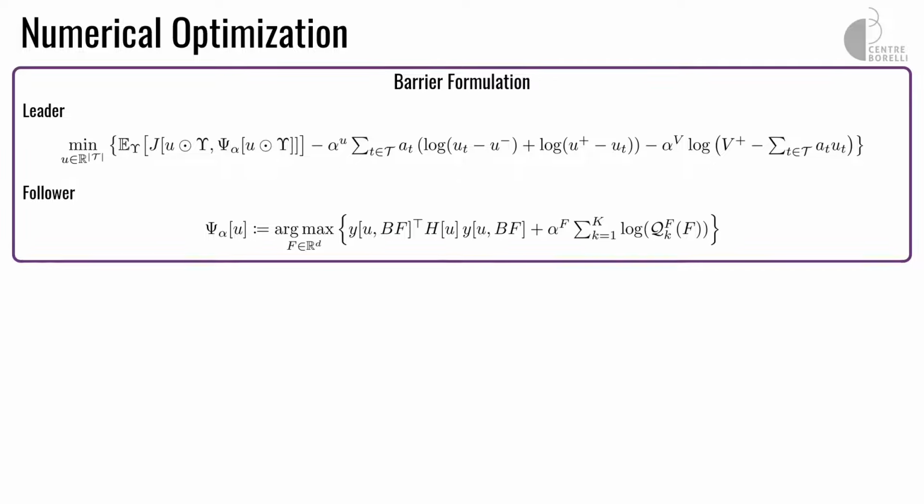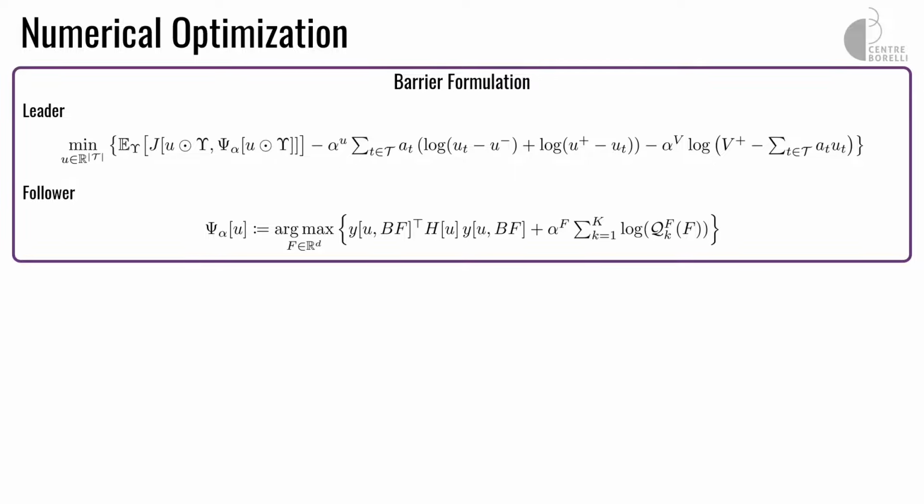And this y is determined by b times f, where b is the basis of load scenarios. f is the three-dimensional, or low-dimensional, vector of weighting of these load scenarios. This is how much my object changes globally, so this is the elastic cost from before. And this psi of u is just the argmax of this. And here we assume that it's unique for numerics, so it's a simplifying assumption.